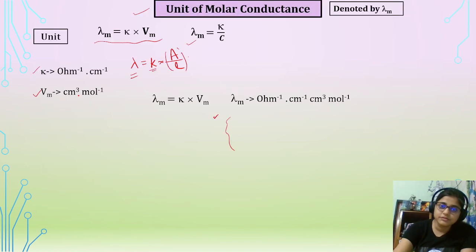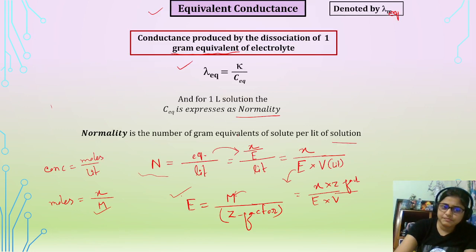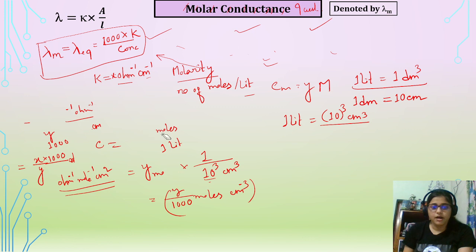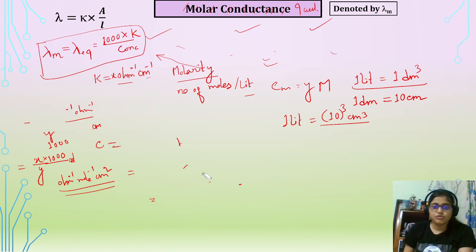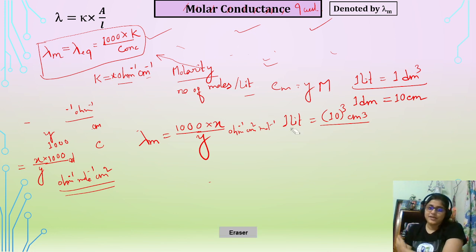So in that portion where we wrote the unit of molar conductance, it was the same unit, ohm inverse, mole inverse and cm square, right? So we got it correct. So overall, if I remove these parts and write now the lambda m, this will be 1000 into X by Y. So the unit is ohm inverse, cm square and mole inverse, right?